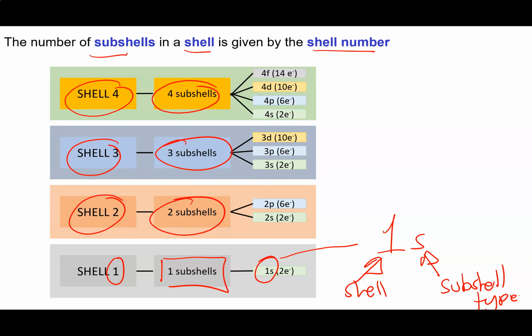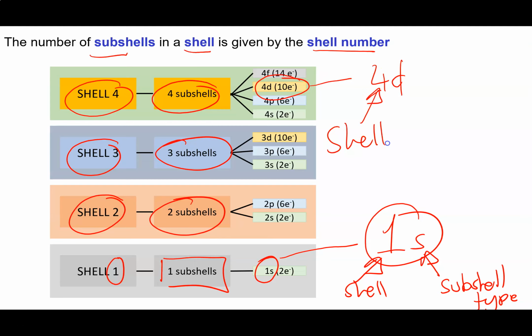So this is saying an S subshell within the first shell. So when I go up here and I write 4D, this is telling me the shell, and this is telling me the subshell type. So this is saying a D subshell within the 4th shell.